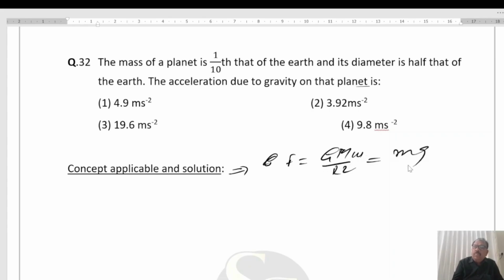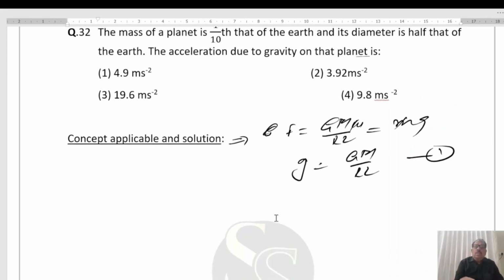If that equals m g, so g comes out to be G M over r square. This is the equation. Now, g planet over g Earth is equal to M planet over M Earth and r Earth over r planet.